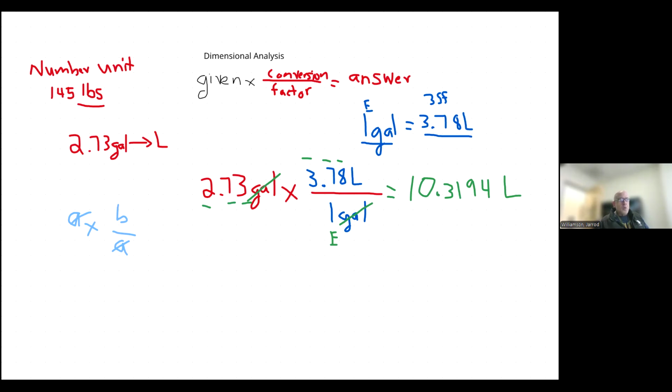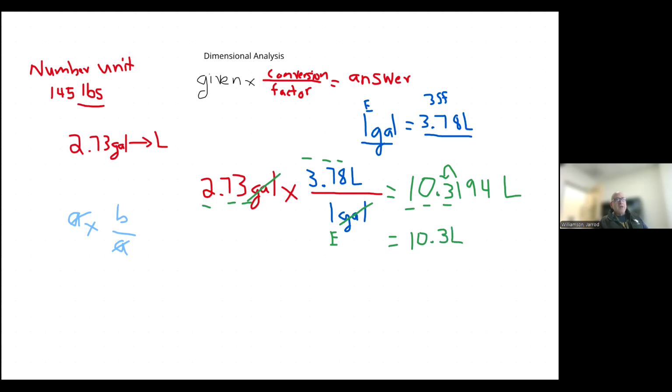So this is going to go 1, 2, 3. That 1 does not round the 3. So my answer is going to be 10.3 liters.